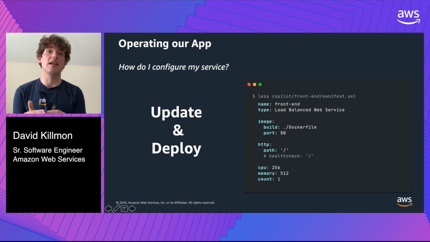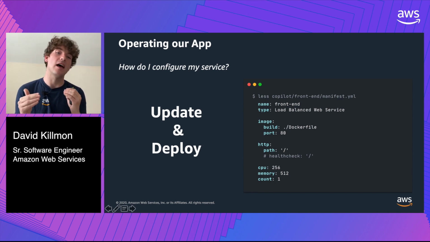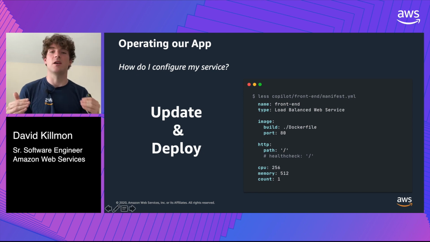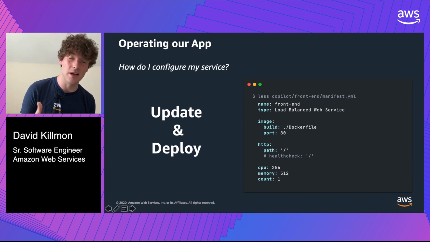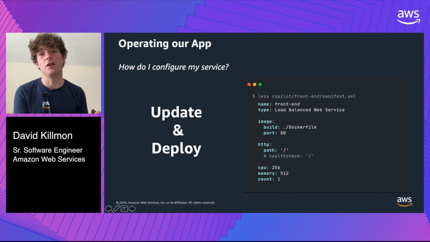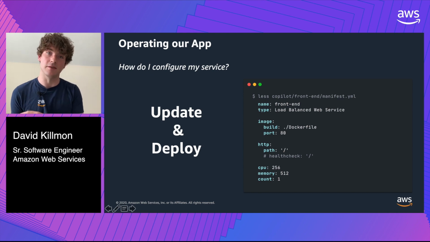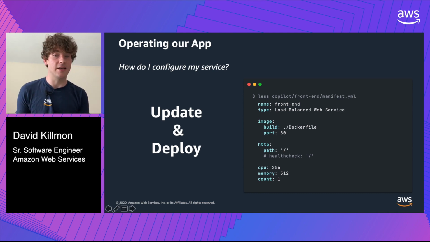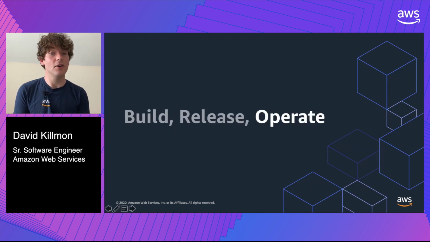So you can say that in our production environment, I want to have 512 CPU units or a gigabyte of RAM, but only for our production environments. In our test environments, we'll keep the default configuration. And like I said, all you have to do is run Copilot deploy, and that configuration is applied. So that's a little bit about operating your service with AWS Copilot.